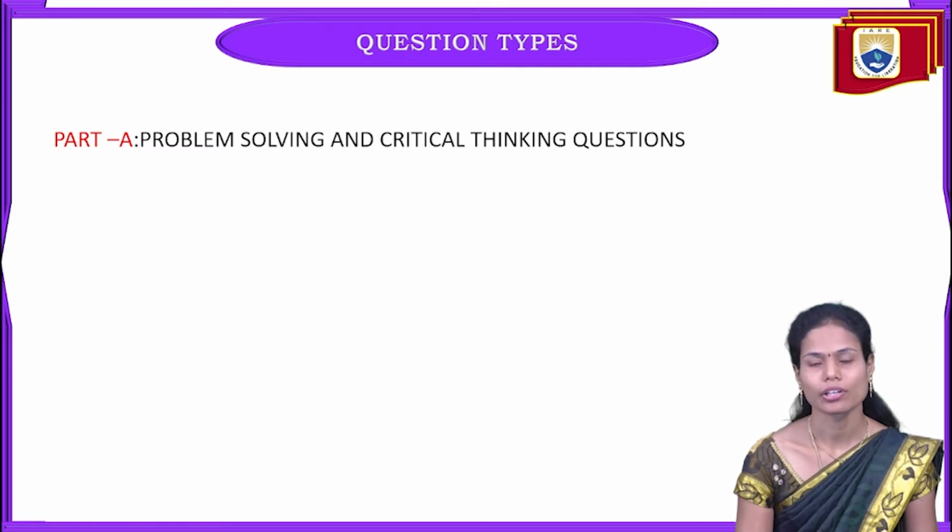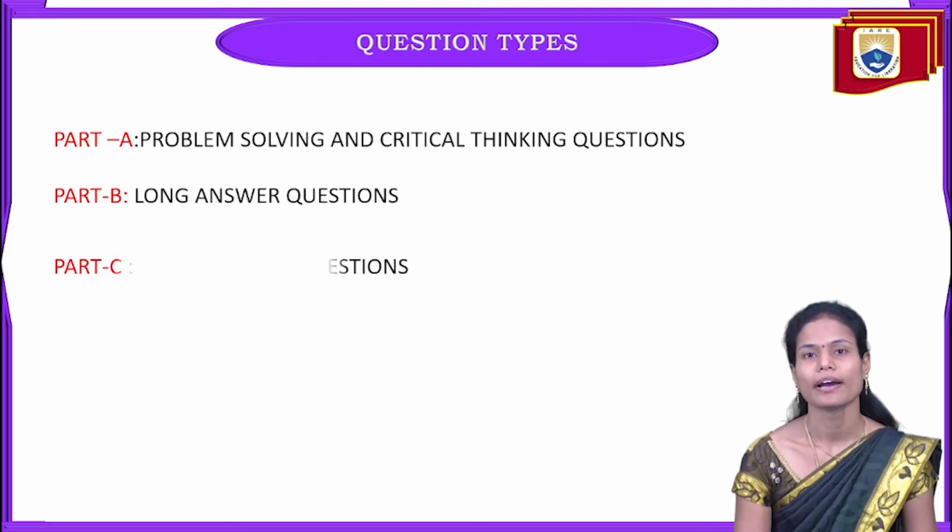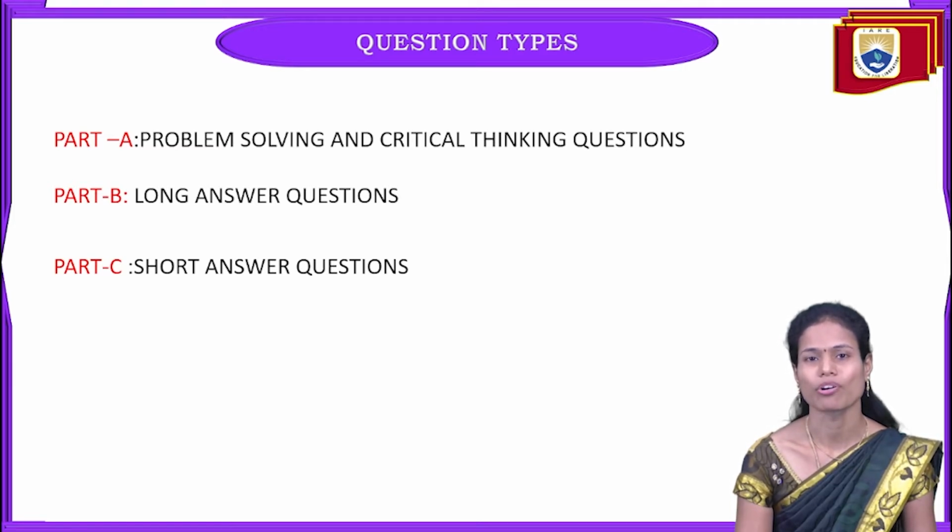These are analytical questions mostly related to problems. Part B is long answer questions. These are mostly theory questions with long explanation, that is for 7 marks, or problem solving also for around 7 marks. And in Part C, we have the short answer questions, like definitions and formulas and some circuit type of questions.